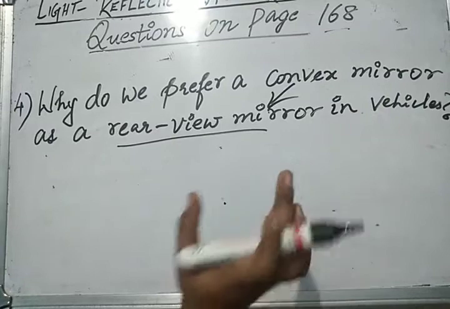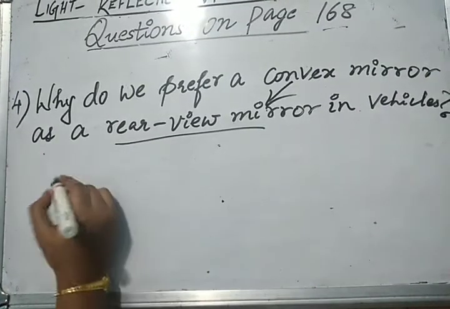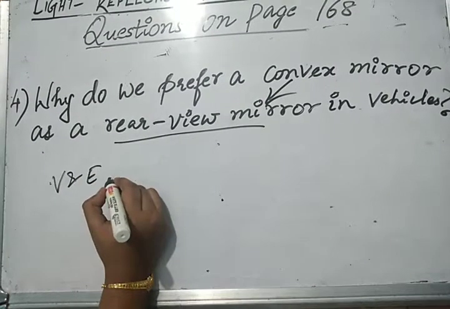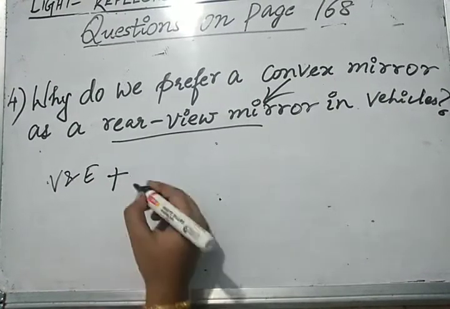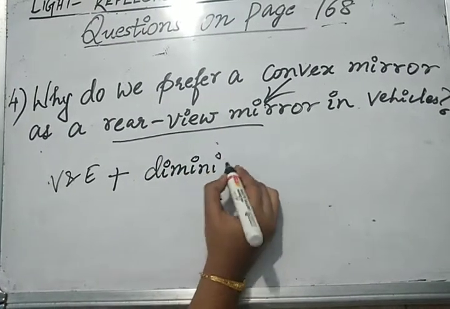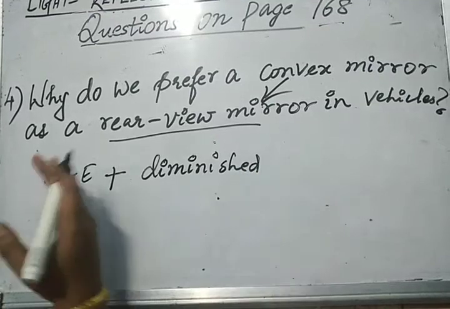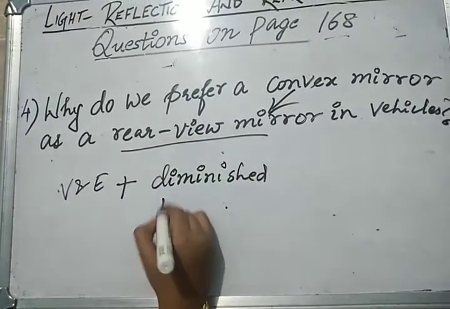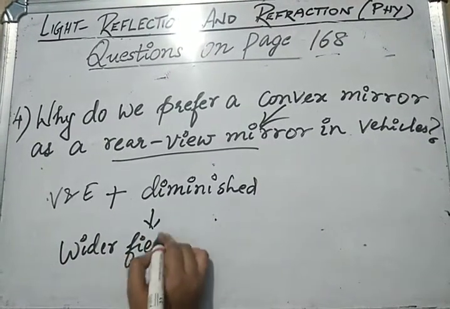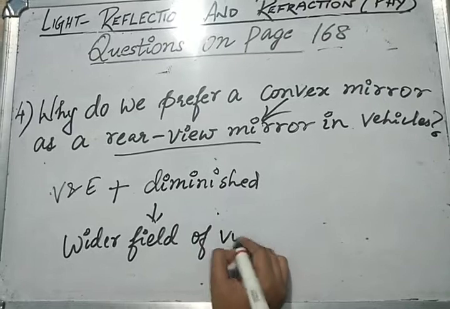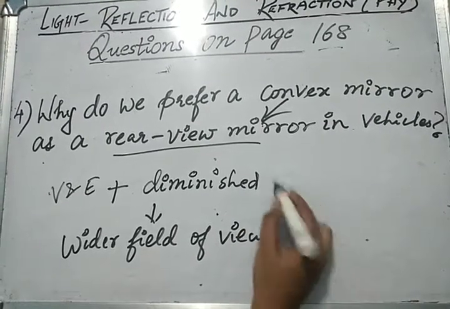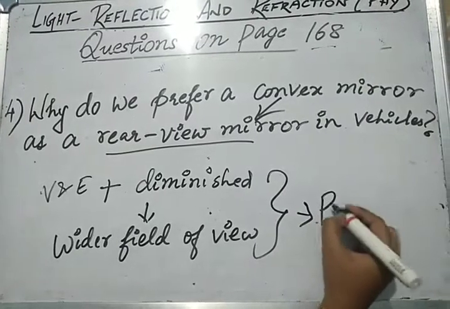The convex mirrors are always preferred because they give virtual and erect image of the object, plus very important, they give a diminished view of the vehicles that come behind them, and this enables a wider field of view to the driver who is driving, and this prevents accidents.